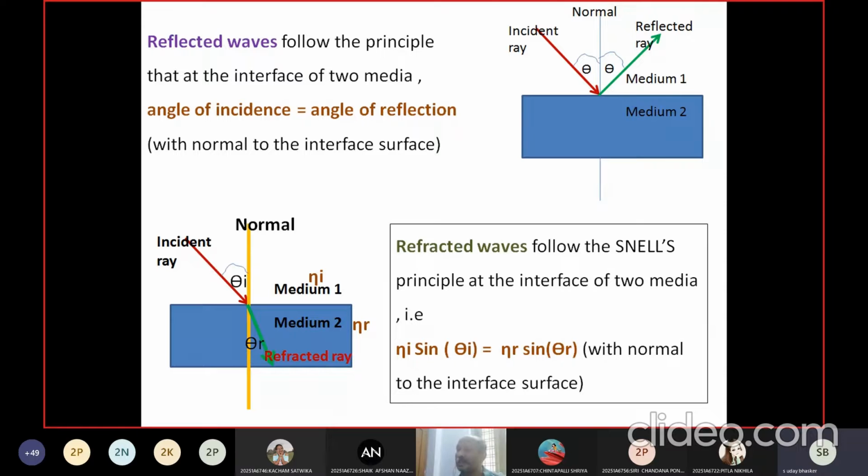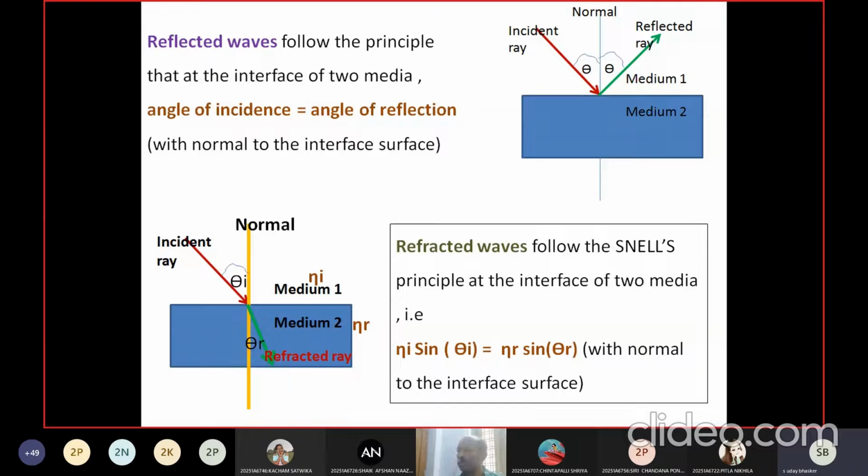Both of these angles are the angles made by the light ray with the normal.